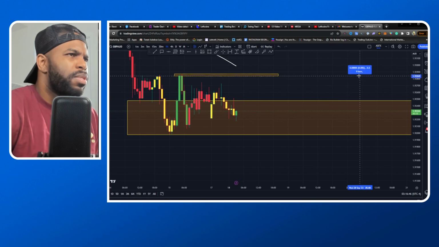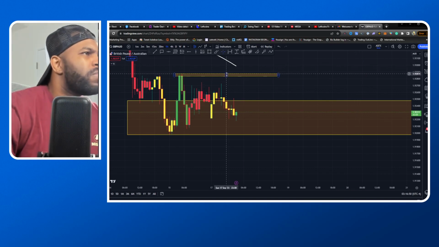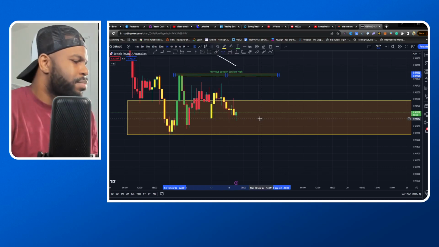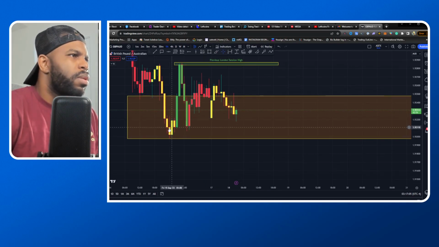It's like a 2 pip, 3 pip move when it comes to the zone. But we'll just go ahead and go to our templates and name it the previous London session high. And our previous London session low is down here.